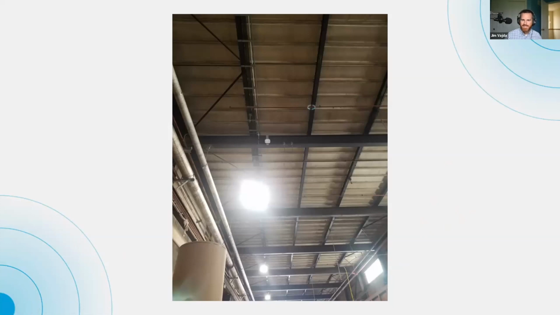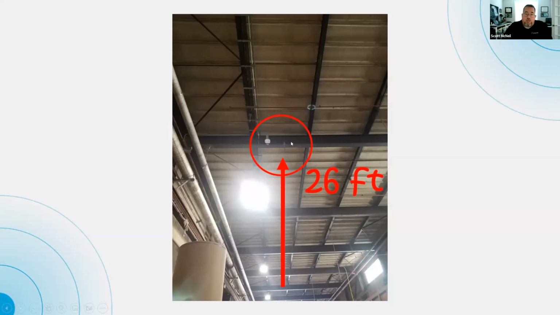So the chat is extremely active. I think the first person that saw what I saw was, again, Joe Clark: external AP with no antennas. Okay, well, it is an external AP. It is 26 feet up, and there are 2 antennas right here. 1 and 2.